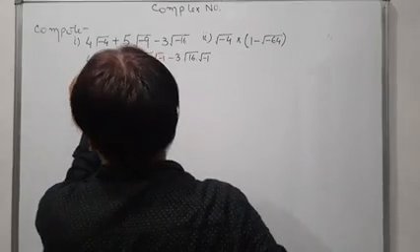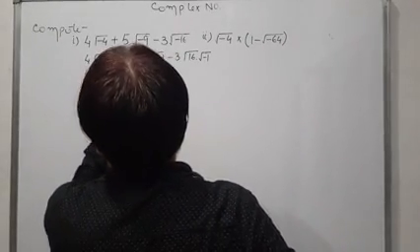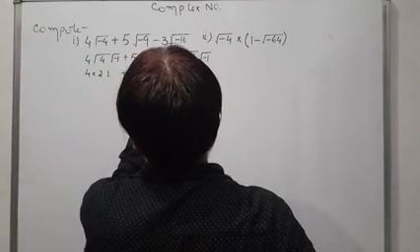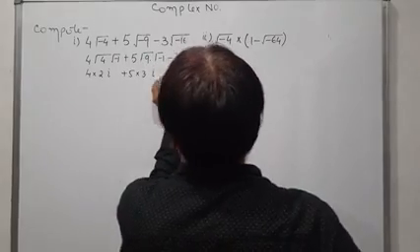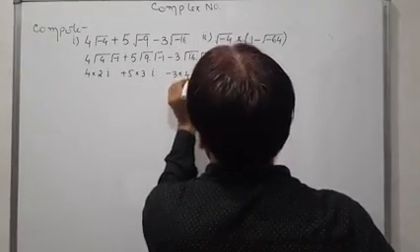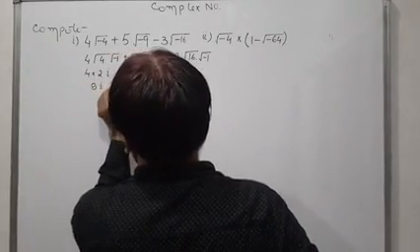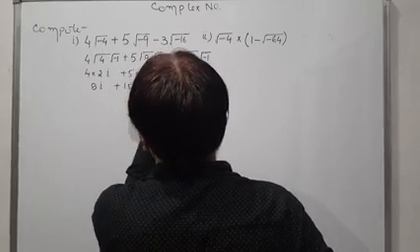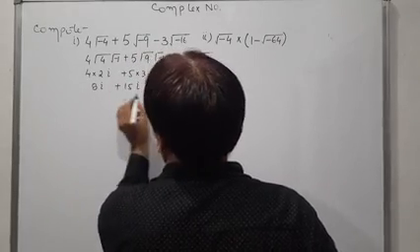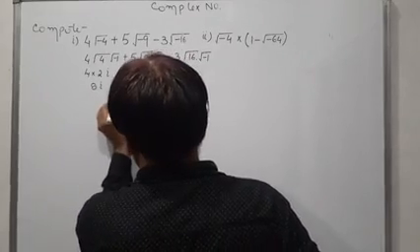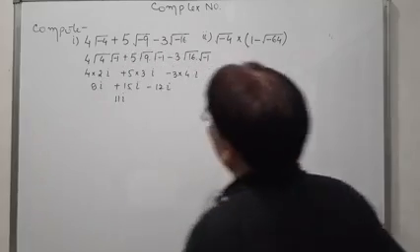Then we can write it as 4 into 2 and this value i, plus 5 into 3 into i, minus 3 into 4 into i. Then it will be equal to 8i plus 15i minus 12i, which means 23 minus 12, the value is 11i.